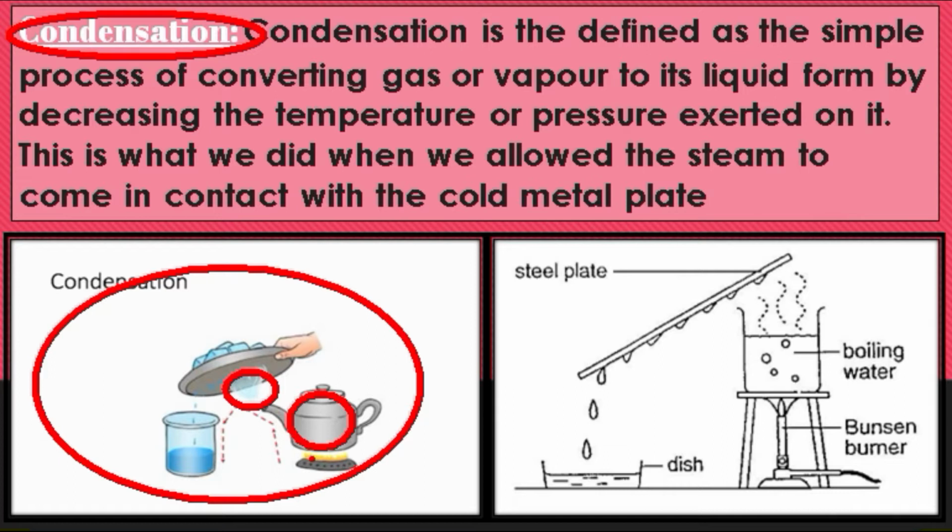And when we allow this water vapor to come into contact with a cold plate containing ice, then this water vapor again turns into water droplets, as you can see here, collected in this container. So students, we can say that condensation is a process in which water vapor turns into water droplets on cooling.